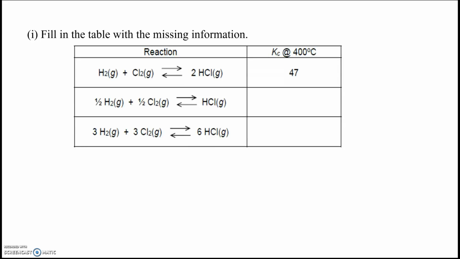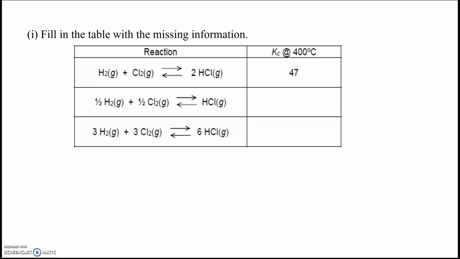So we want to fill in the table with the missing information in part I. So we've seen this first reaction before. We know that H2 plus Cl2 reacts to form 2HCl, and this is an equilibrium condition because I've got the double arrows. We know that Kc is equal to 47.